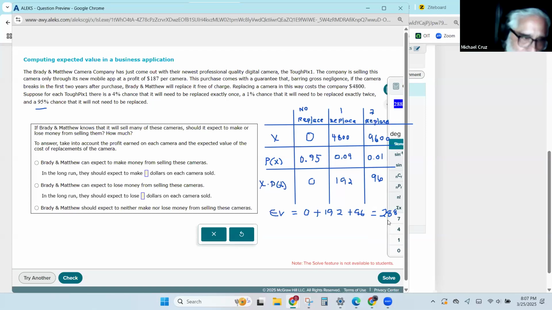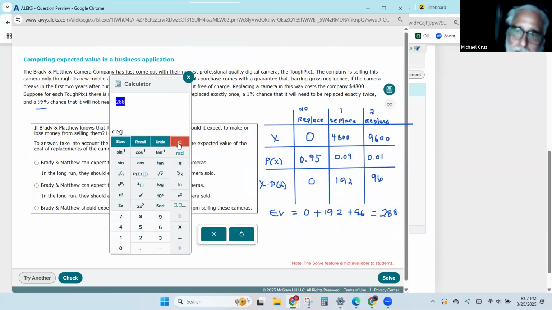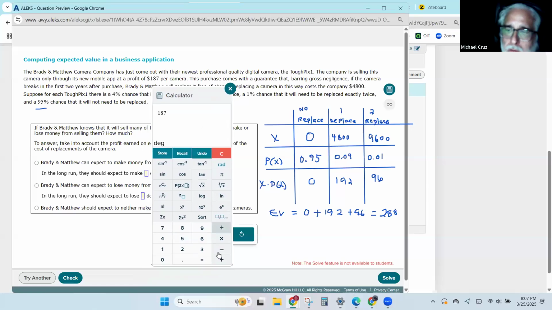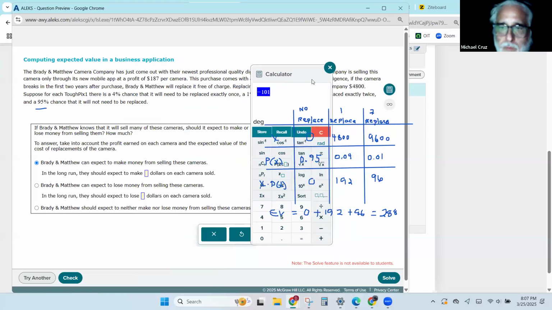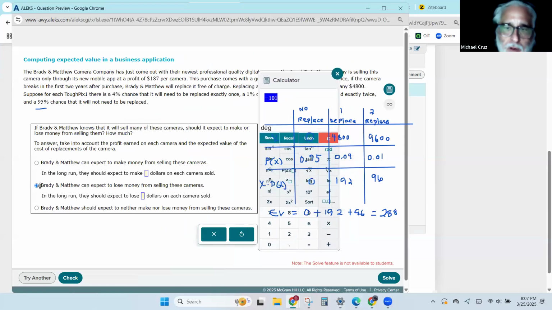So if it's costing them $288 per camera, then they are losing $101 on each camera. So they can expect to lose $101 per camera in this scenario.